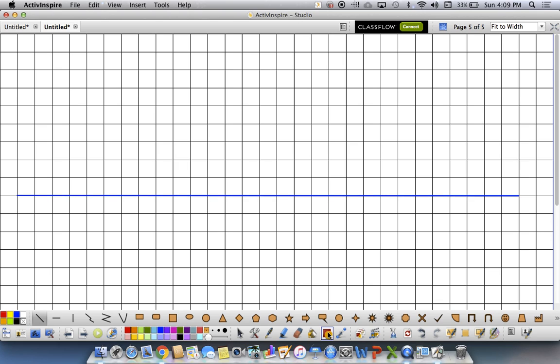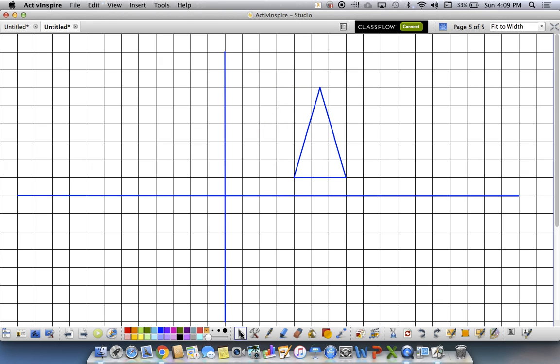Here we go. Let's just do a triangle shape and let's see.